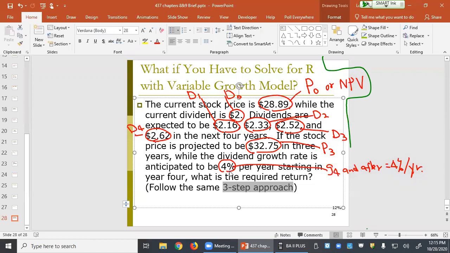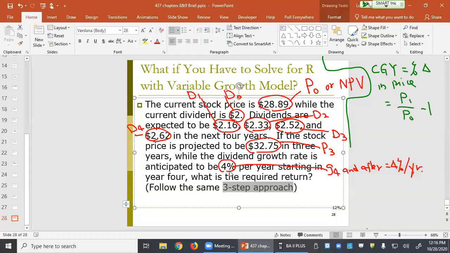The capital gains yield measures the rate of change in your price. So I'm going to use initials: capital gains yield equals the percentage change in price. Change is notated by delta or a triangle. And mathematically, how is it calculated? P1 divided by P0 minus 1.